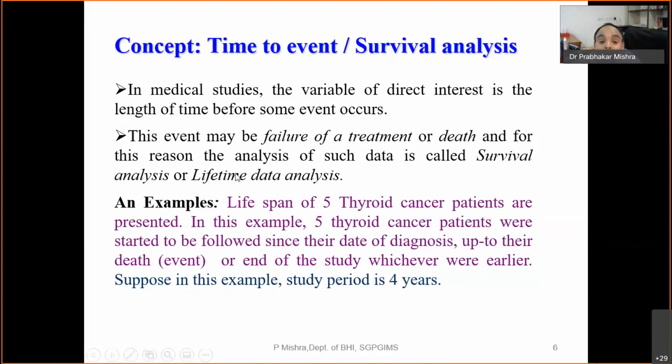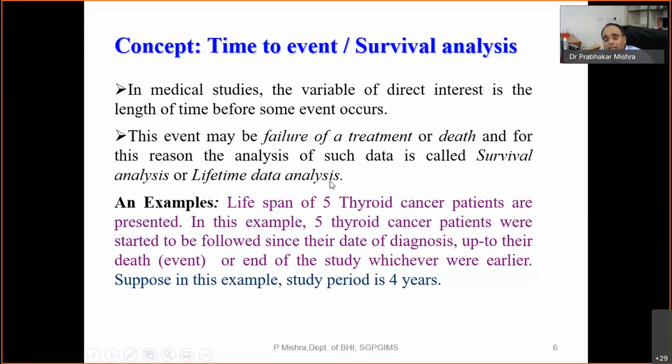In medical studies, the variable of direct interest is the length of time before some event occurs. In a medical study, this event may be failure of a treatment or death. For this reason, the analysis of such data is called survival analysis or lifetime data analysis.